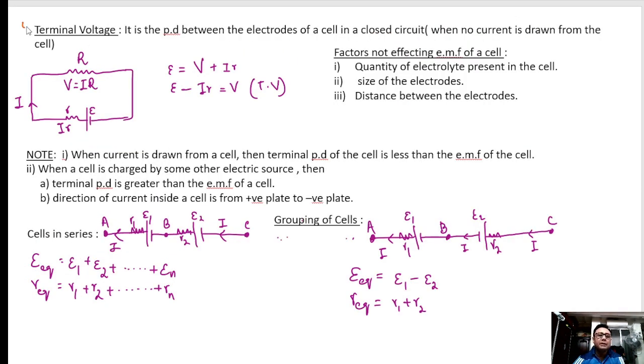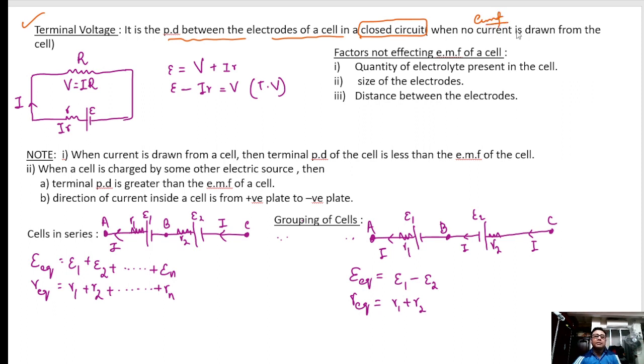The next topic is terminal voltage. So what is terminal voltage? So watch here. Terminal voltage means the potential difference between the electrodes of a cell in a closed circuit. That means when no current is drawn from the cell, that is open circuit, that is EMF.